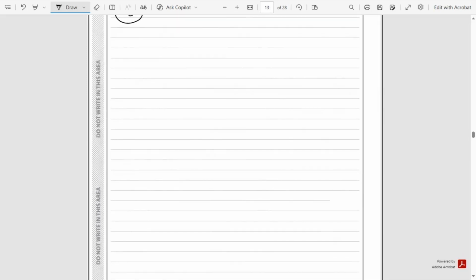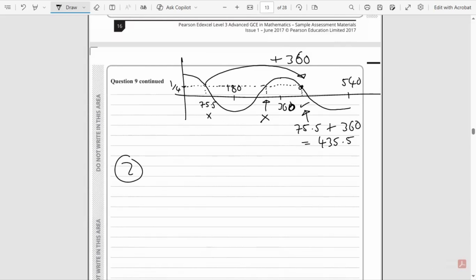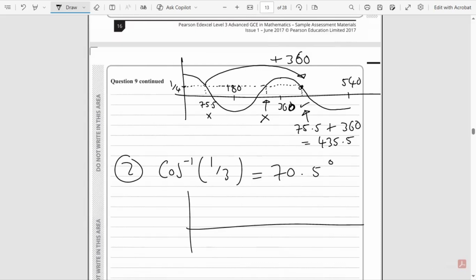So if we do cos inverse of 1/3, this on the calculator gives me 70.5 degrees. So again, we'll do a similar kind of diagram, have a cos wave like this. It's a very bad one, but oh well. Let's put 1/3 on the y-axis there.